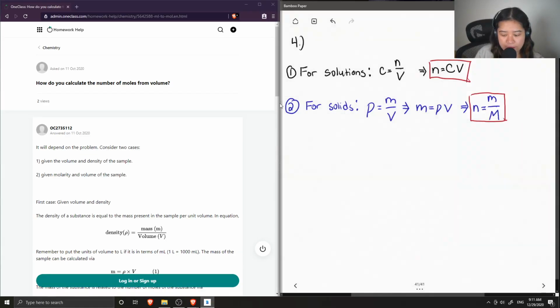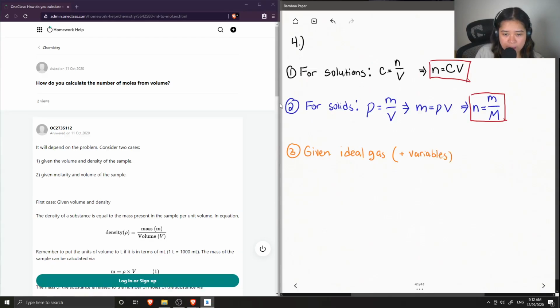And then another option that could be used, which is less likely, is if you have an ideal gas. The reason I say that this is less likely for the question is that we need other variables involved.